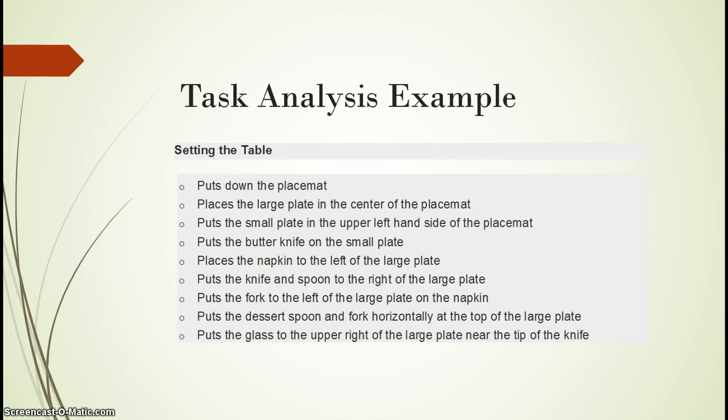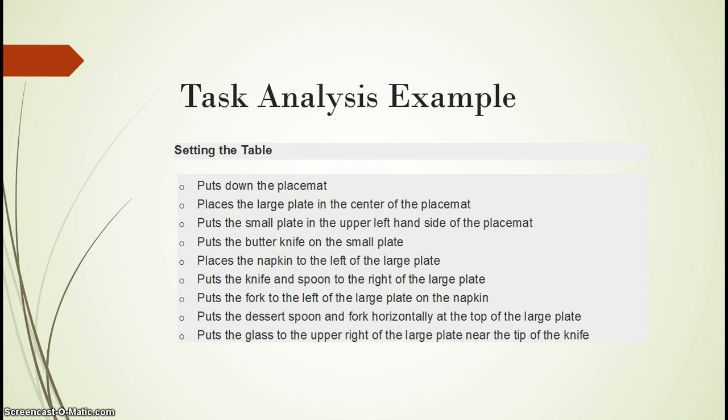A good example of task analysis is this one, setting the table. They take every individual step in setting the table and outline it into these skills. Puts down the placemat, places the large plate in the center of the placemat, puts the small plate in the upper left-hand side of the placemat, puts the butter knife on the small plate.